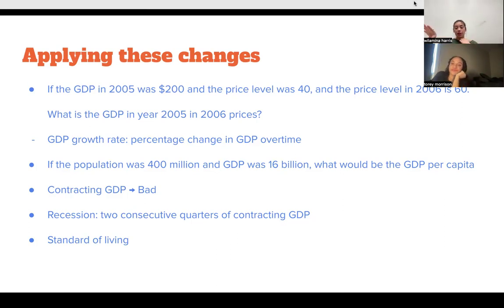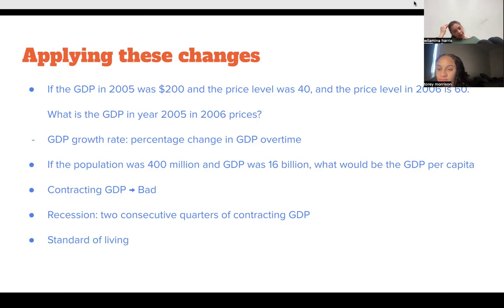The GDP growth rate for this problem would be 50%. If the numbers were 20 and 40, that would still be 50%. With 40 and 10, the increase would be 25%. But for this problem, it's 50%.